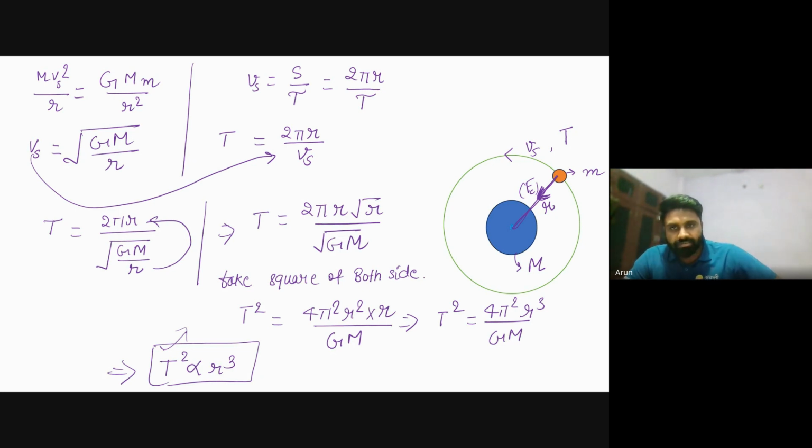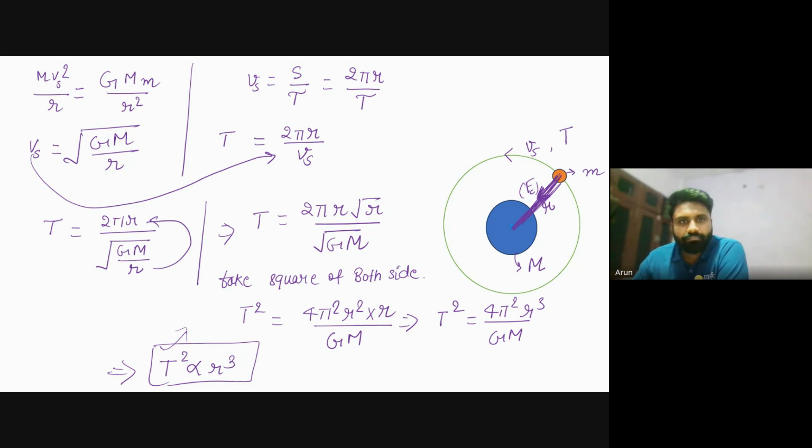In this equation, this is the distance between the planet and the object, so it is satisfying the equation that T square is directly proportional to r cube, which means the square of the time period is directly proportional to the cube of distance between them. I hope you are clear with this.